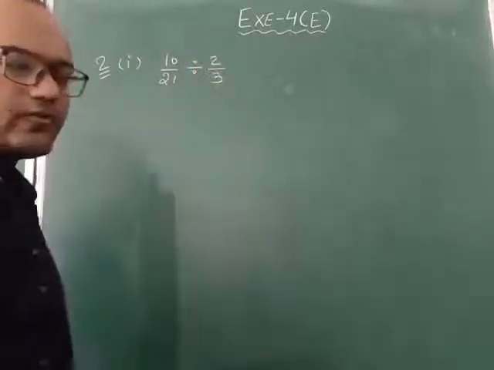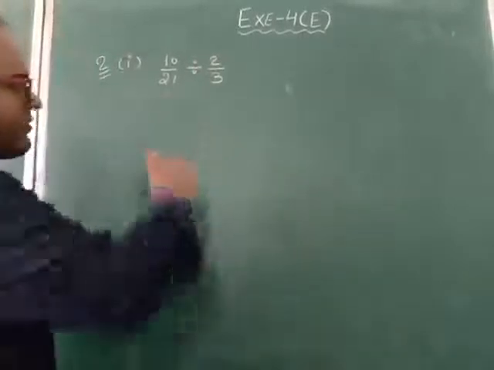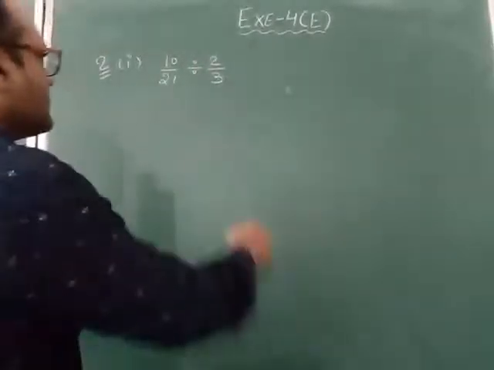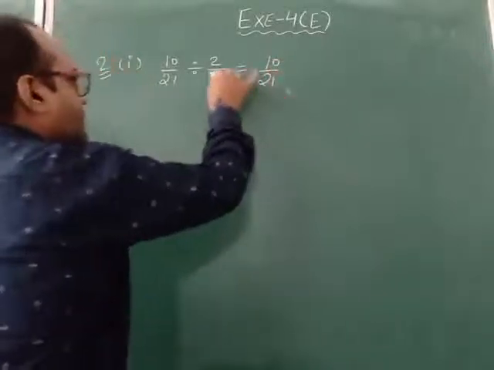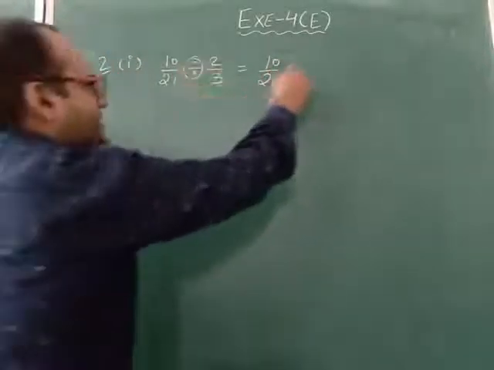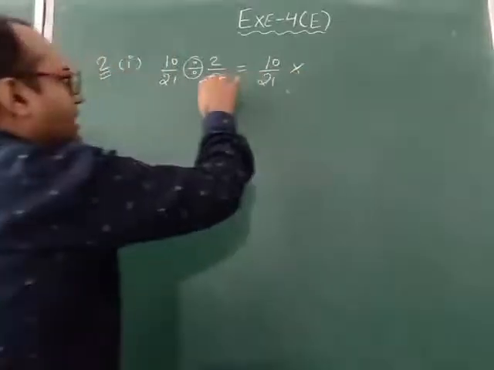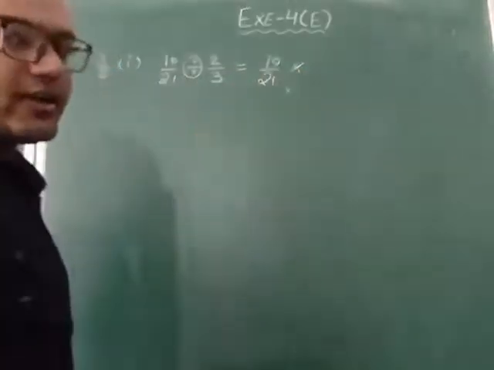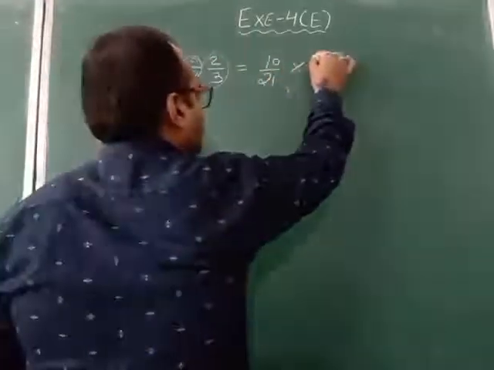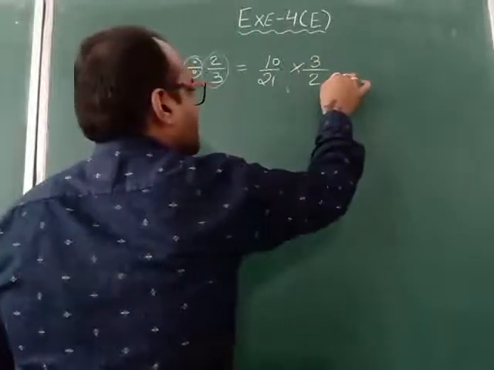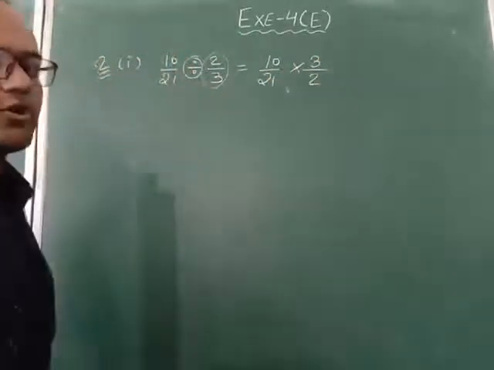So first of all what we will do, this divide we will change into multiply sign. So 10 upon 21 will remain as it is. When we will convert this divide sign into multiply, then right hand side fraction will get reciprocal. So right hand side number is 2 upon 3. We will do the reciprocal here. In place of 2 upon 3 we will write 3 upon 2.